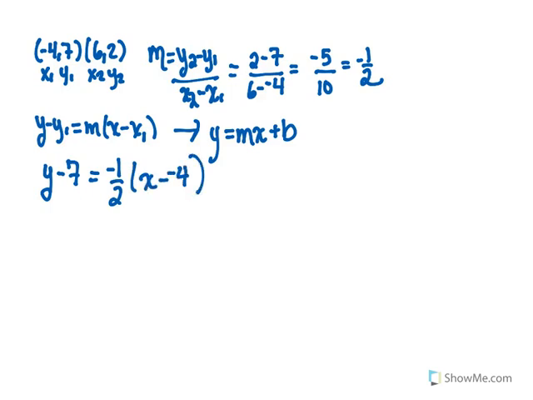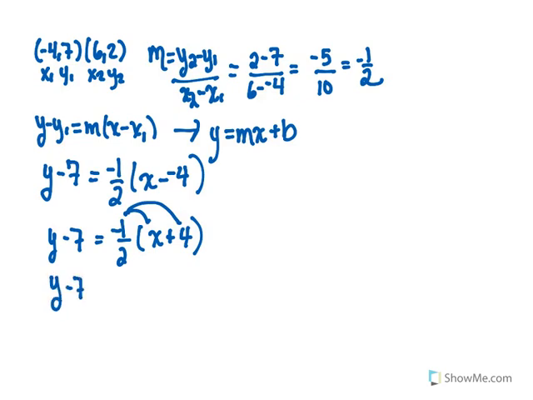Now, I always do this. You substitute, then you simplify. You deal with these double negatives, right? So you have y minus 7 is equal to -1/2 times x plus 4. Now we distribute. We distribute this -1/2 into these parentheses.